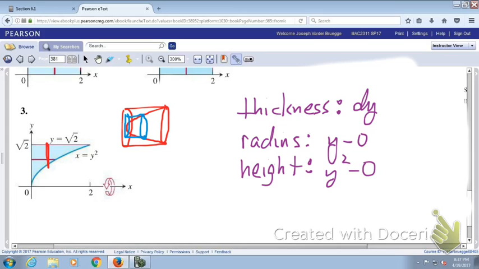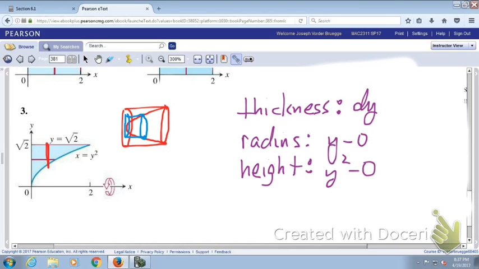Now, in theory, you can slice either way and use either method that results. In practice, sometimes one method is going to work much better than another, for a couple of reasons. Either the integral you set up is way nasty one way, or the equations themselves are too nasty to solve for in the first place. Now, these are relatively easy. We could have done them either way.